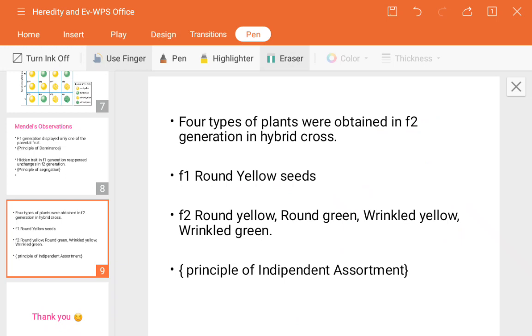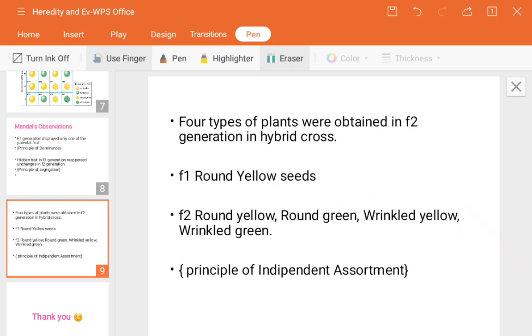So during gamete formation, in independent assortment, the segregation of alleles of one pair is independent of the segregation of alleles of the other pair. So self-pollination of a hybrid plant with round and yellow seeds gave the ratio of 9:3:3:1. So these were the 3 experiments given for your syllabus, that is the principles of inheritance.